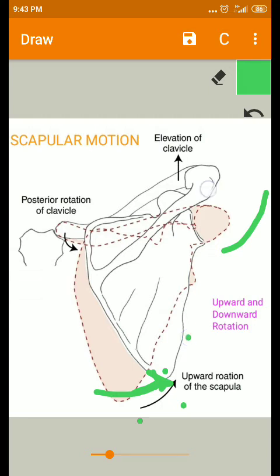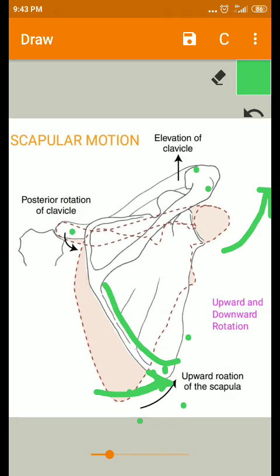Because of this closed chain relationship between the sternoclavicular, acromioclavicular and scapulothoracic joints, all these joints will have some differing proportions. So during this elevation of the arm, if the scapula is rotating upward to some degree, it definitely causes some motions in the AC joint as well as the sternoclavicular joint.